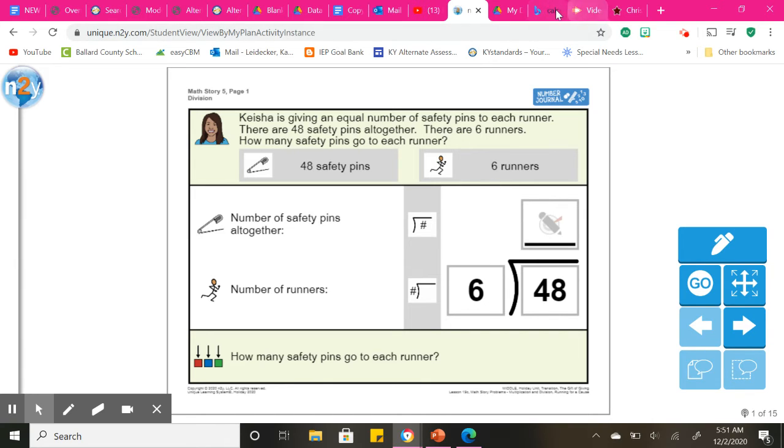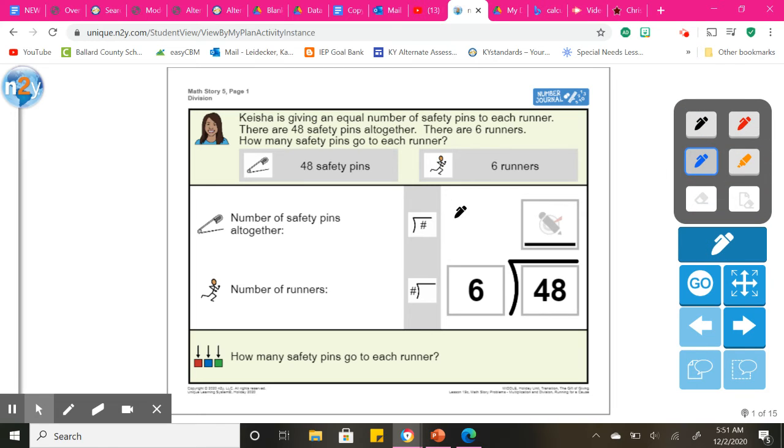So I'm going to show you on your calculator where that division button is, or what it looks like. And it looks like this. This is what your division sign looks like. So I'm going to do this 6 divided by 48. So we're really trying to see how many times 6 fits into 48.